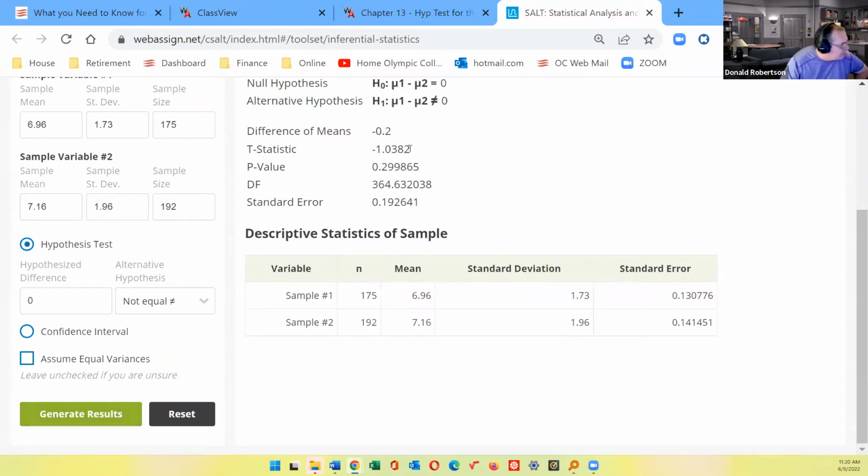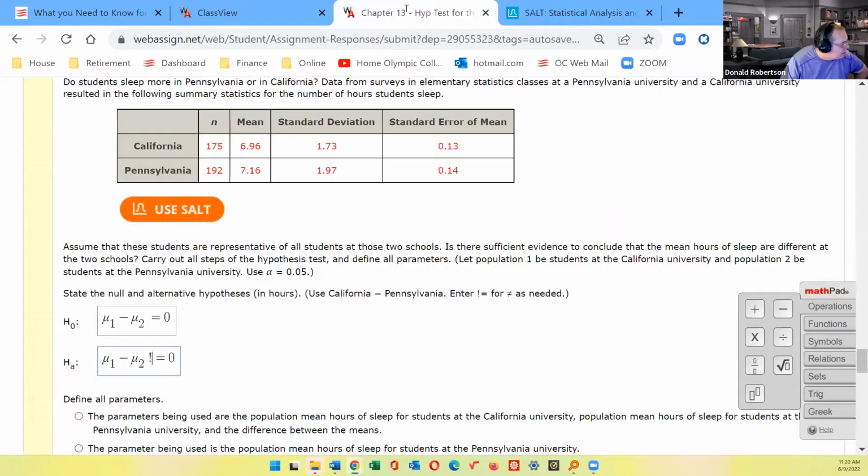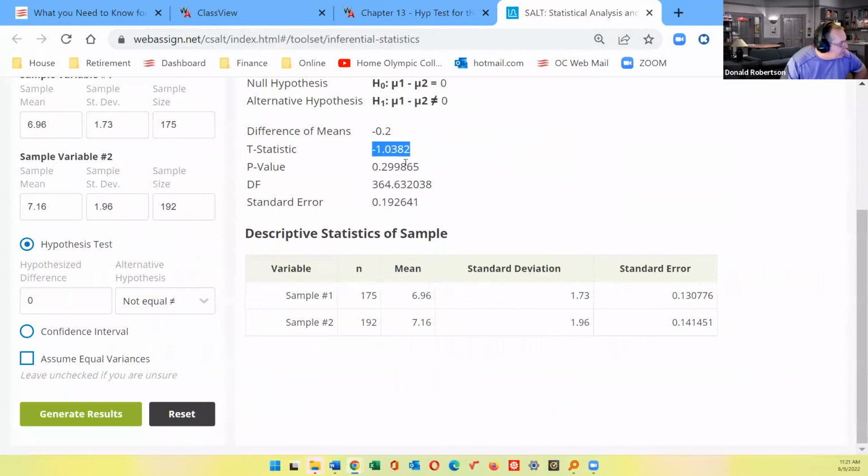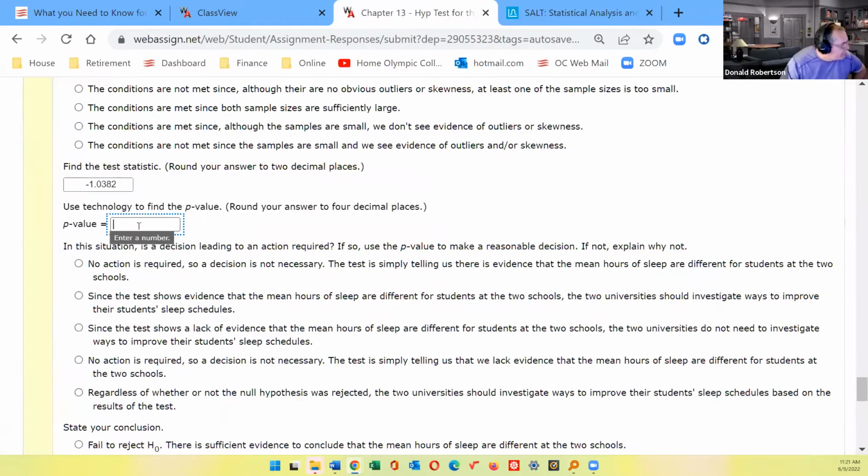And I have a T statistic, which is that guy. And I have a p-value, which is very unimpressive. It's quite big. That guy. And rounding off to 2 decimal places, that gets me a 4. Oops. And rounding off to 4 decimal places, 1, 2, 3, that 8 turns into a 9.